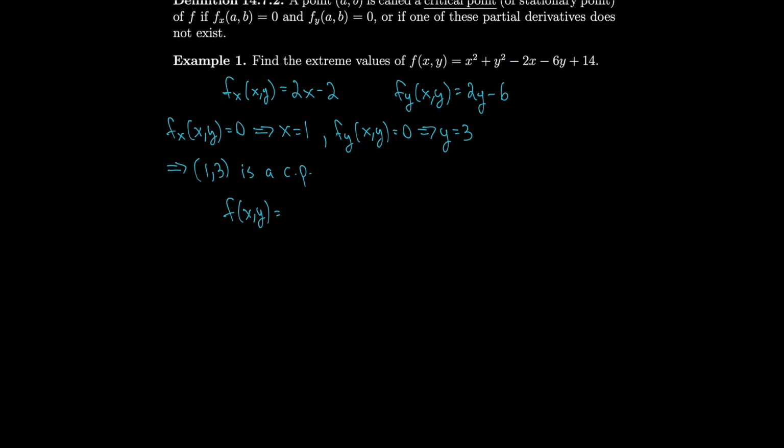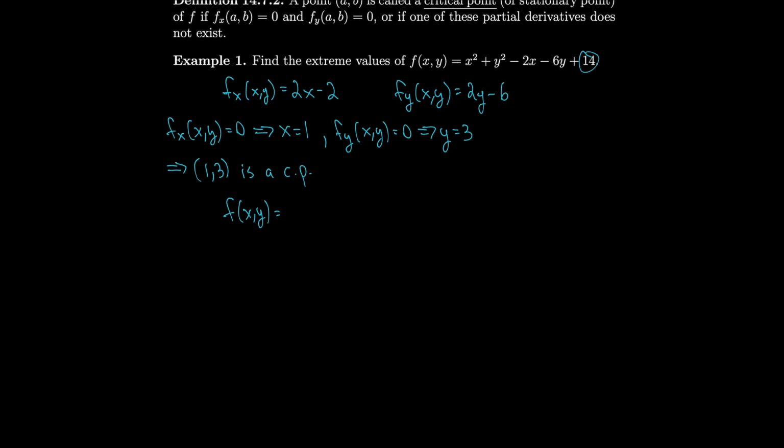So I'll add half of minus 2, which is minus 1, squared is 1, and I'll subtract it. So I'll have 14 minus 1, and I'll do the same thing for the minus 6y. I will add and subtract half of 6, which is 3, and then squared is 9.